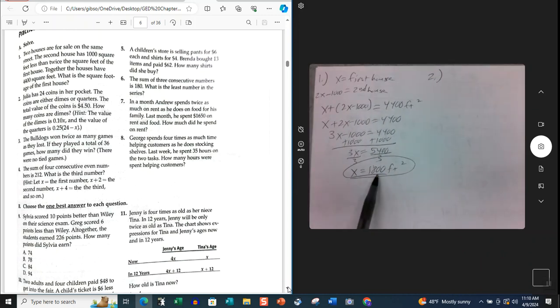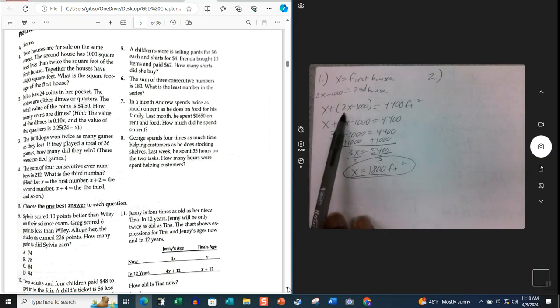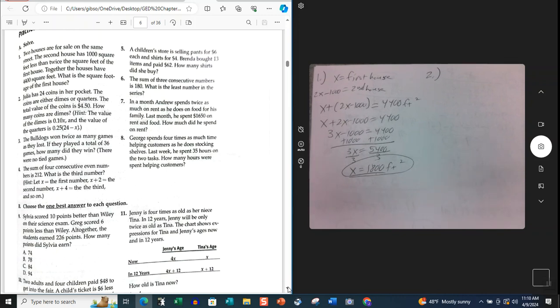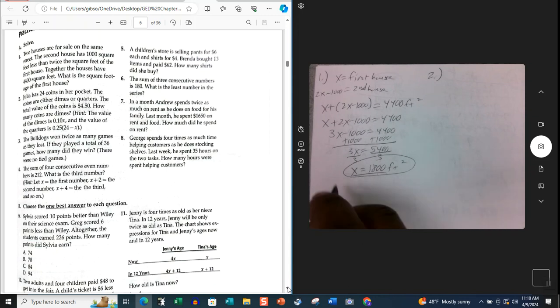Now we can test this by putting these values into this problem here. So let me do that so you can check it. Let's take this value here because it has to equal 4,400. So we'll put 1,800 in wherever x was.